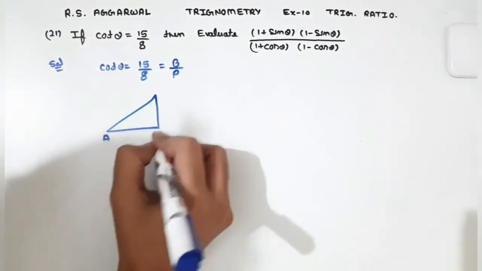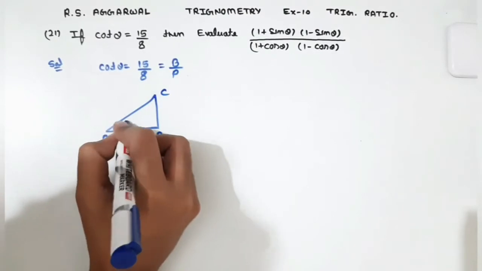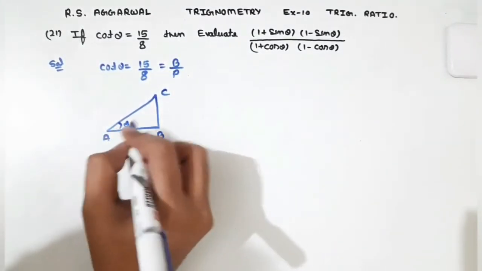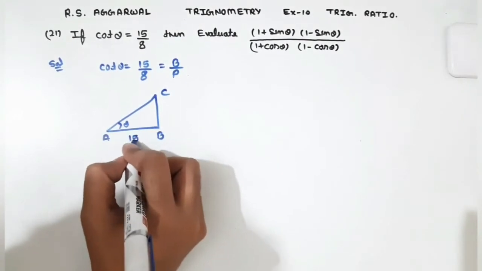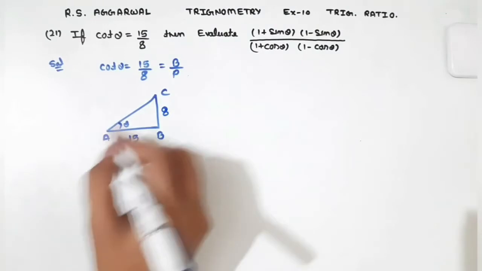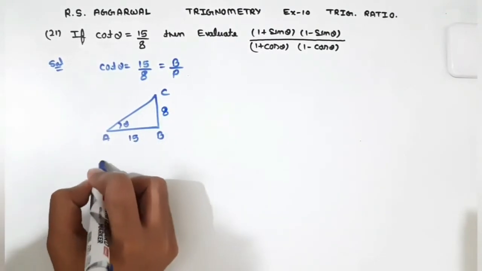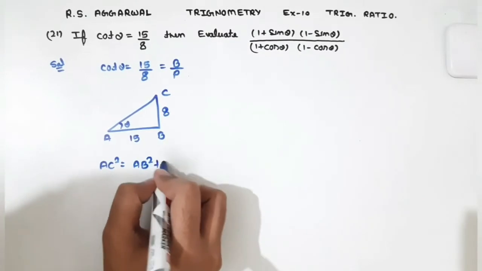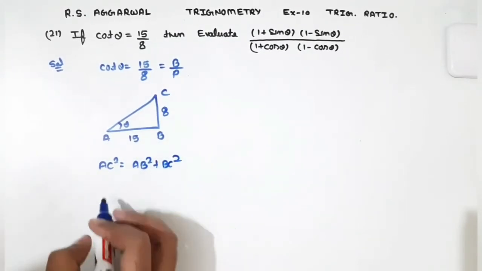ABC, in it let angle A be theta. So AB will be the base, that is 15, and BC will be the perpendicular, that is 8. So AC will be given by AC square equals AB square plus BC square.